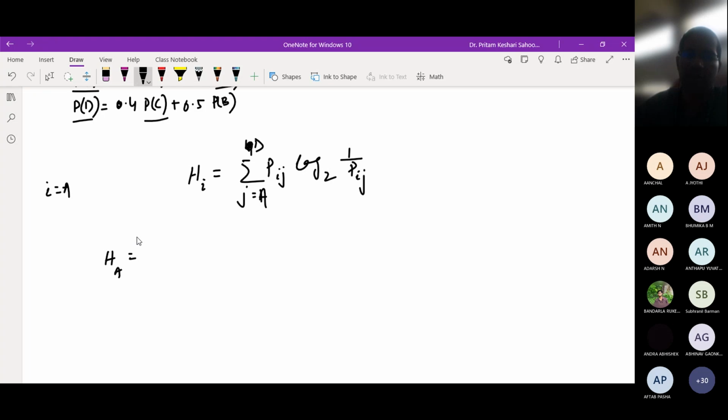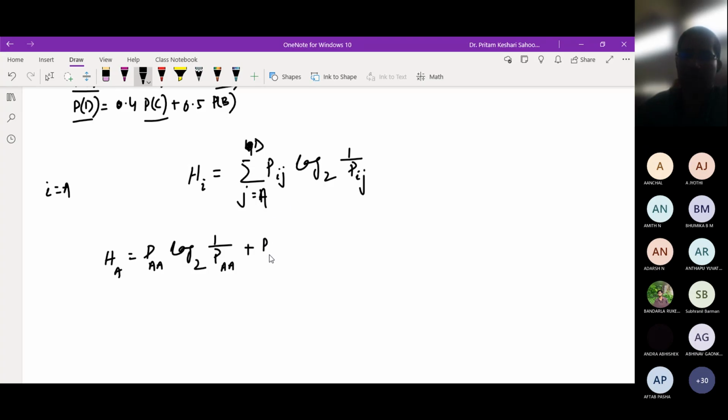So when i is equal to A and j is equal to A, it will be AA. So probability of AA into log base 2 of 1 by probability of AA, plus i is A, i is not changing, only j is changing. So j will be B now.